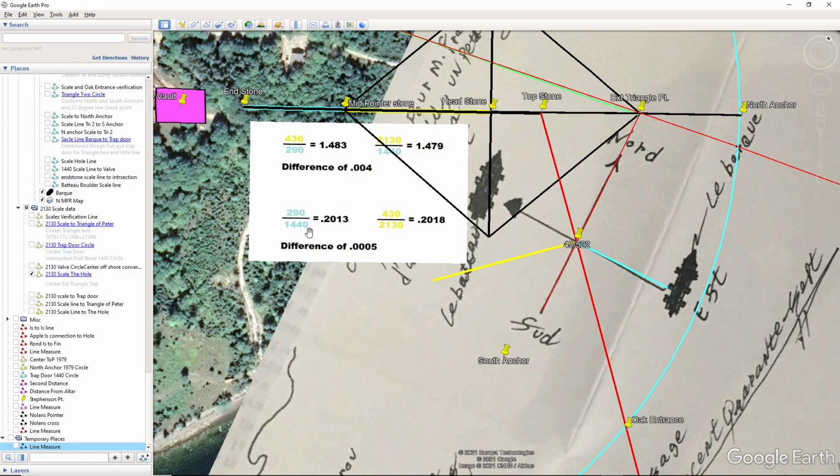The 1440 is in relationship to the 290, and the 2130 is in relationship to the 430, which are these two scales. The yellow one is these two, and the blue ones are these two, and they're within 5/10,000ths of, I guess you would say, percentage or ratio of each other. So pretty remarkable.